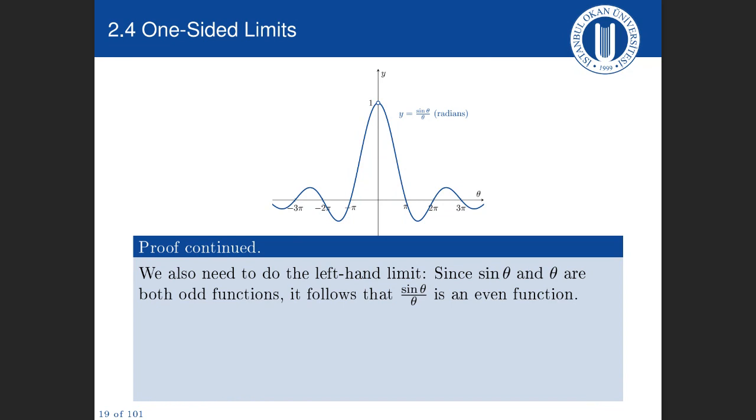So that means, even if we didn't have the graph at the top, we now know we have a function where the left part of the graph is just a mirror image of the right half. So if we know how the limit on the right behaves, by symmetry, the limit on the left must behave the same way. So the left-hand limit as theta tends to 0 of sine theta divided by theta must also be equal to 1.